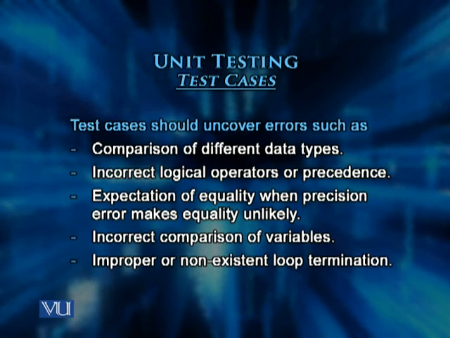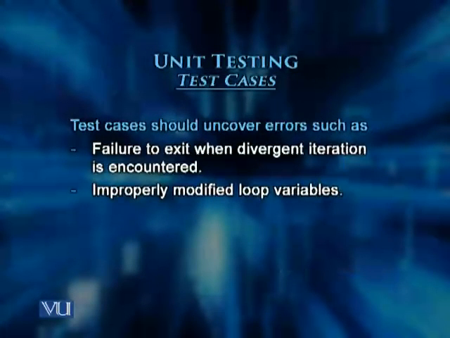There are certain loops which are written such that they will execute always, infinite loops, improperly modified loop variables. So these are the cases or situations which test cases should try to uncover while performing unit testing.